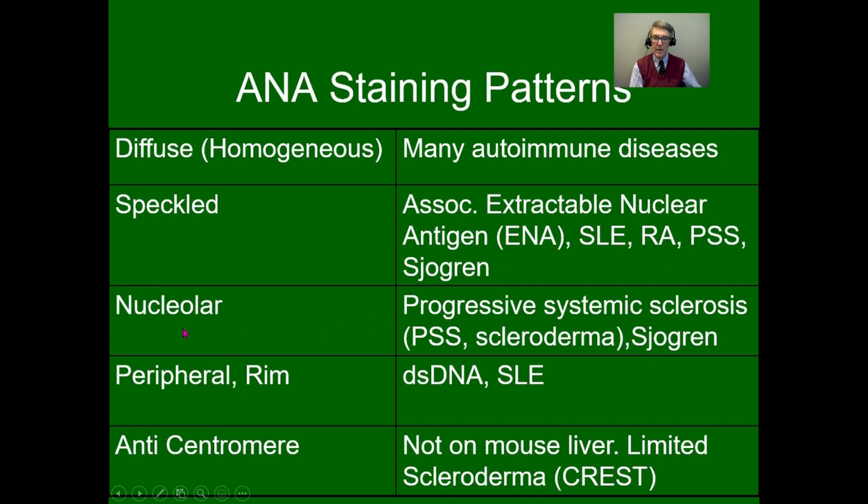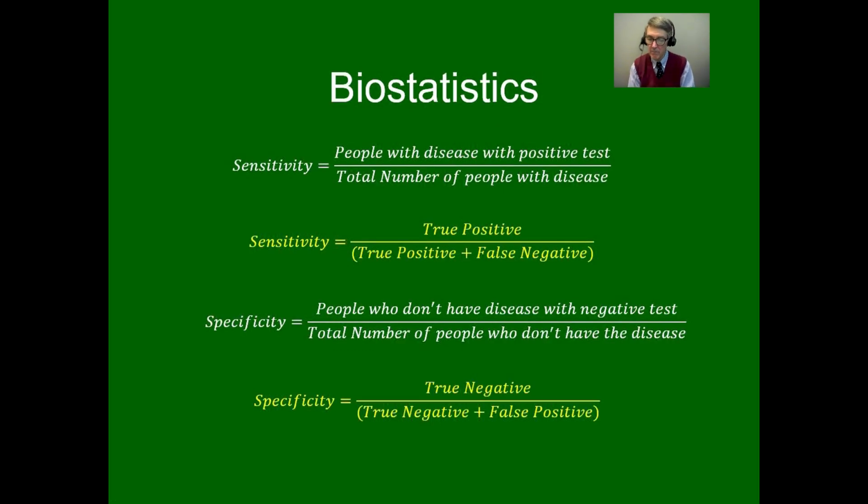Nucleolar antibodies, again, those are more often associated with progressive systemic sclerosis or scleroderma and Sjogren's. The peripheral is more often associated with the double-stranded DNA, and the double-stranded DNA is more specific for systemic lupus, SLE. And the centromere pattern, as we mentioned, is not on the mouse liver and is more often associated with CREST variant scleroderma.